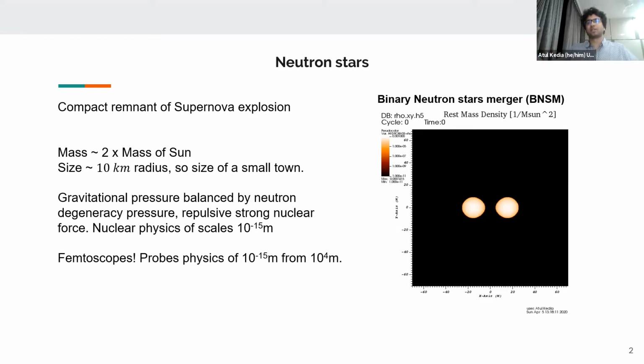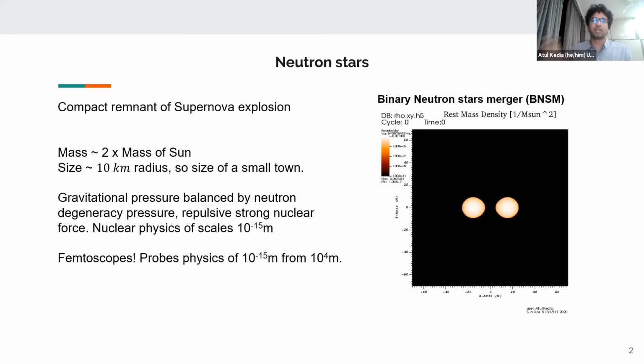All this matter compressed in that small volume implies there's a lot of gravitational pressure pulling the matter to collapse into a black hole. But due to the neutron degeneracy pressure, and further at higher densities, the repulsive strong nuclear force counterbalances that gravitational pressure. It's really interesting that all this micro nuclear physics gets amplified in the form of its equation of state.